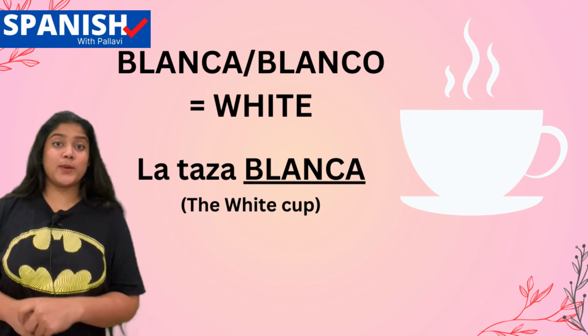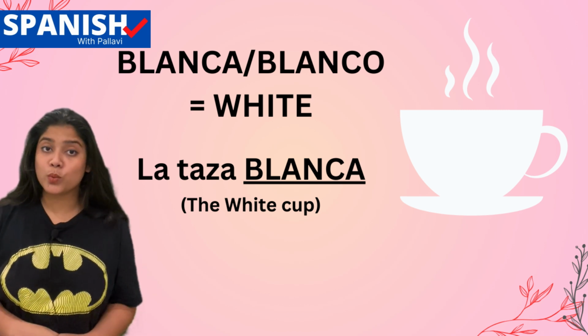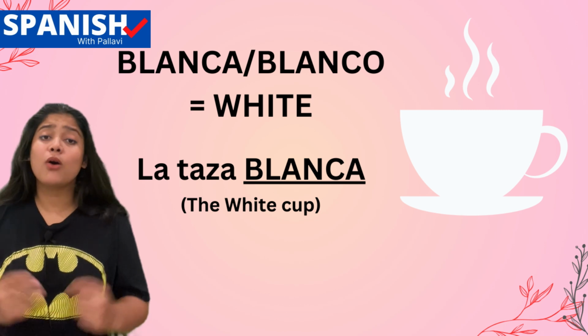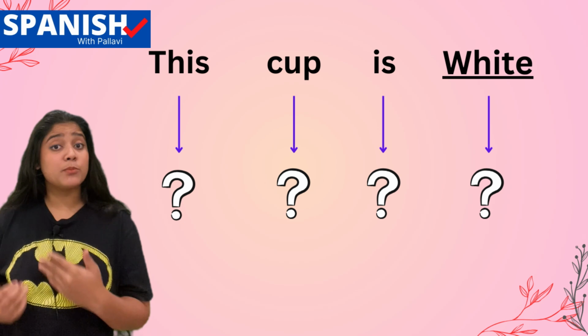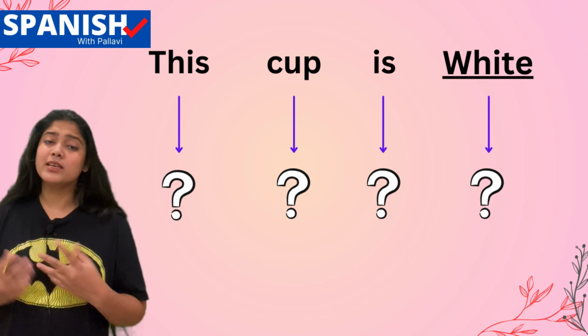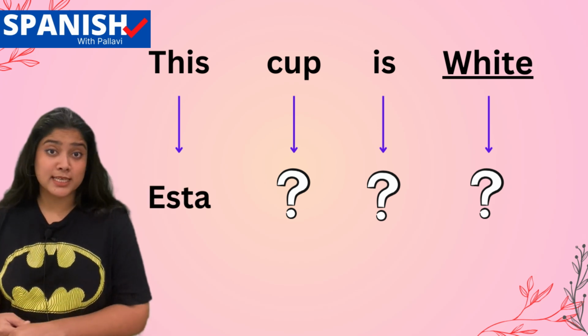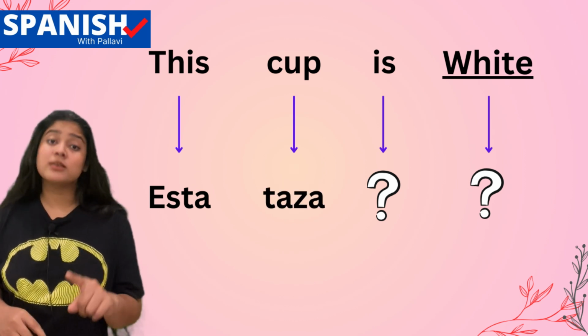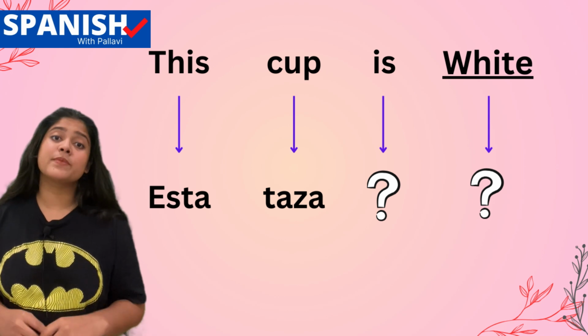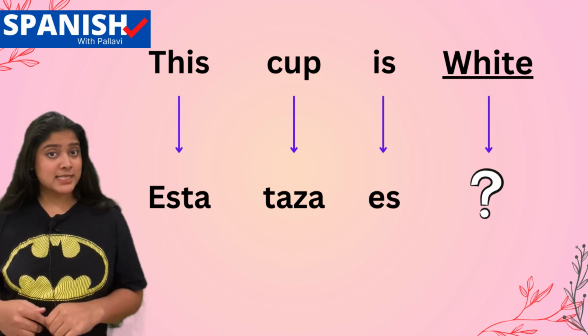How do you say that in Spanish? Blanco or blanca. So let's take the example. How do we say this cup is white? This will be esta. Cup will be taza. Not z, taza, s. Is will be es.